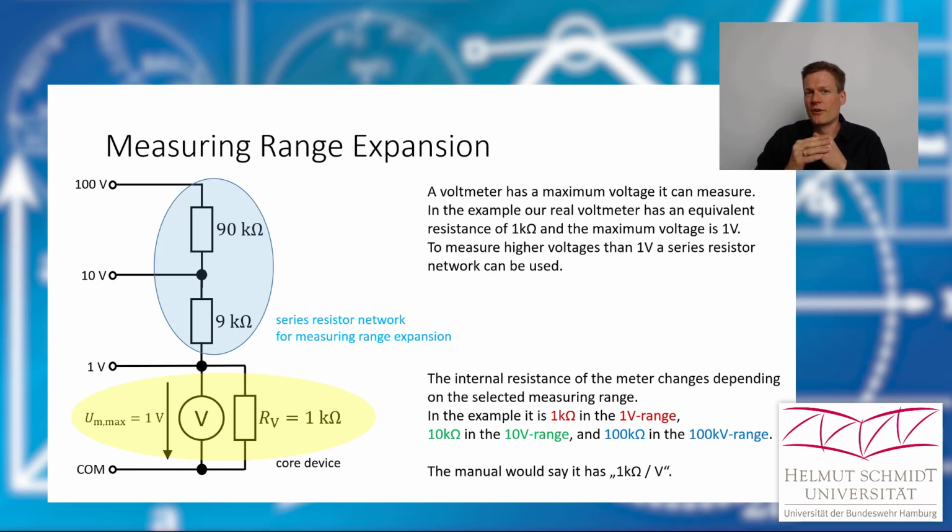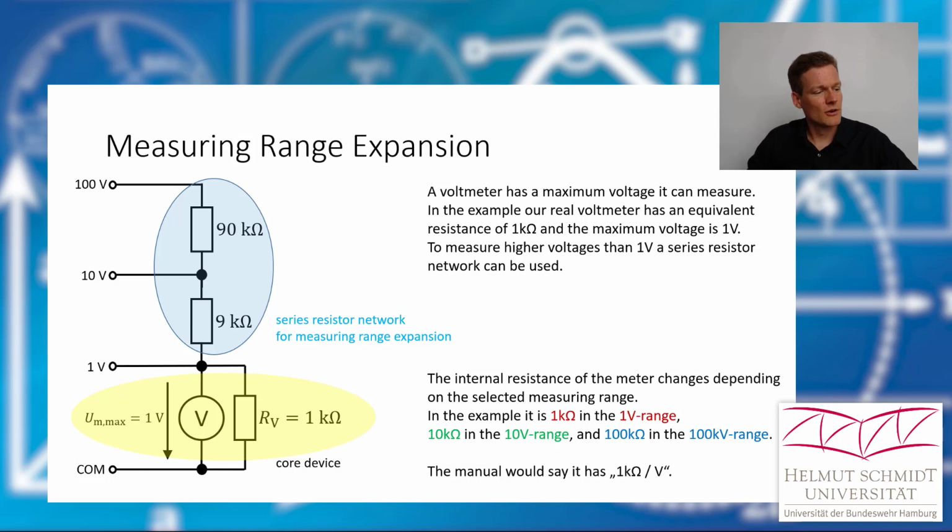And therefore the manufacturer just says this measurement device has an inner resistance of 1 kilo ohm per volt. And this per volt means the selected measurement range.